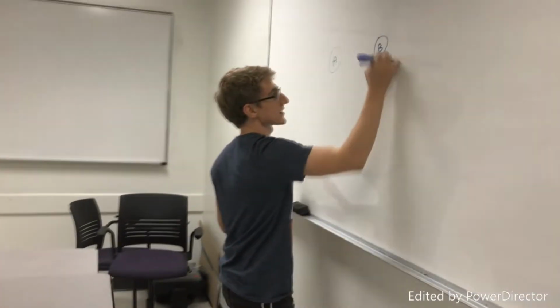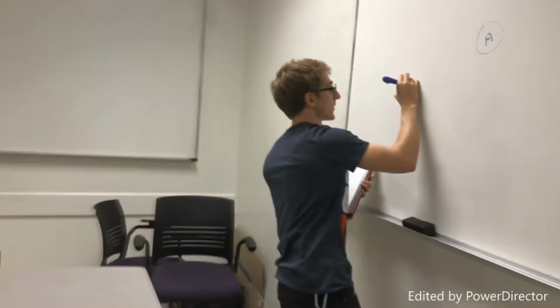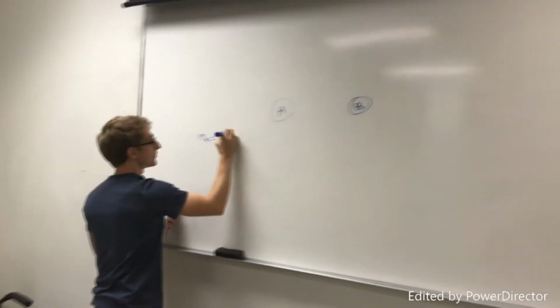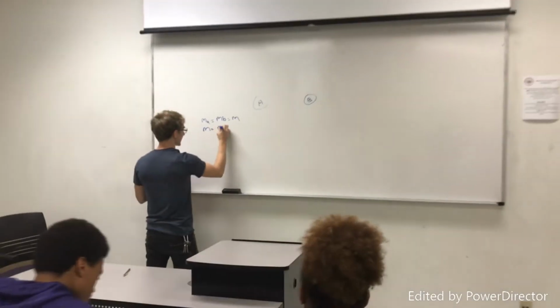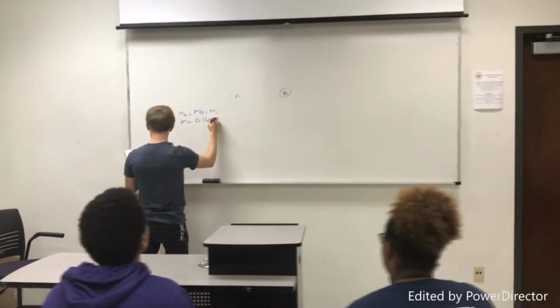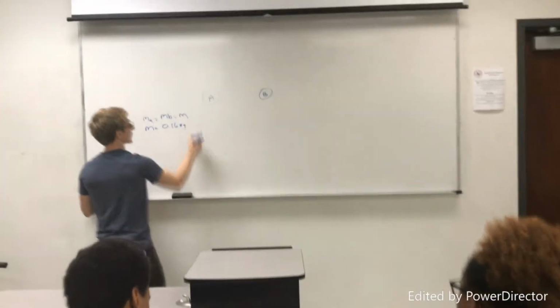We have two balls, mass A and mass B. Their masses are the same, 0.16 kilograms.